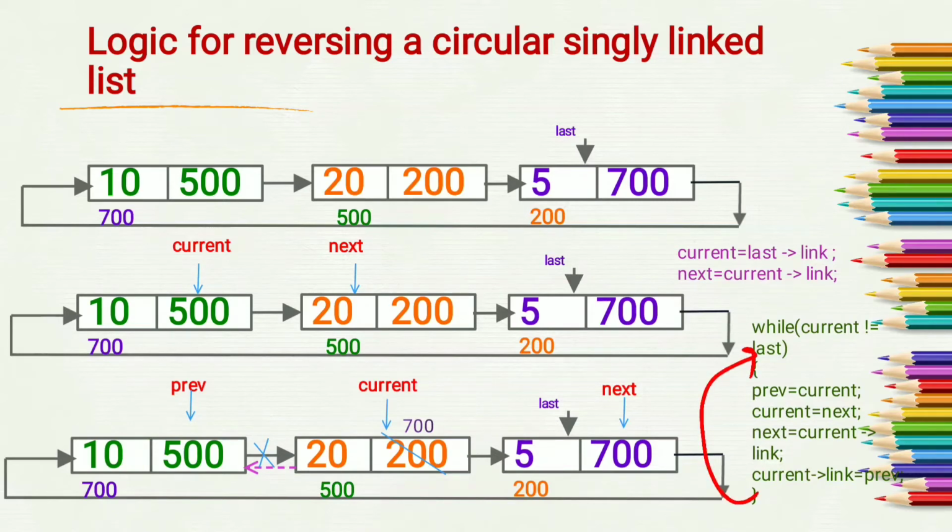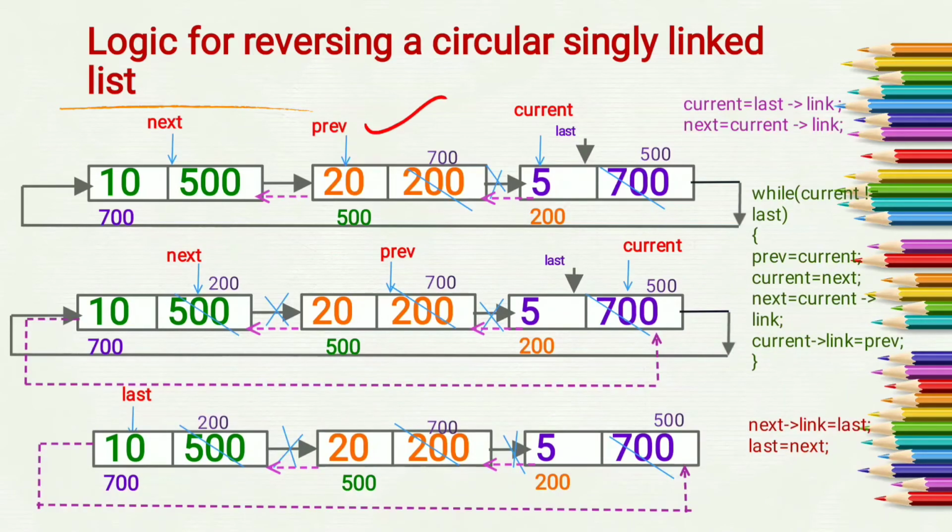We have to check whether the value of current is not equal to last. Now the value of current is 500. That means it is not equal to the value of last, that means 200. The condition is true. So we move previous to current, current to next, and next to the next of the current pointer.